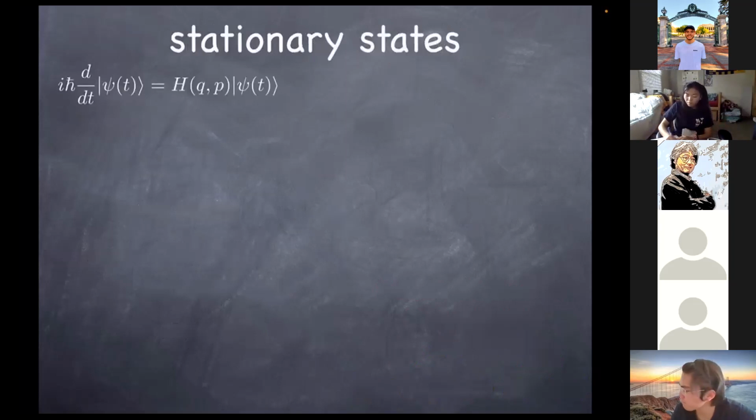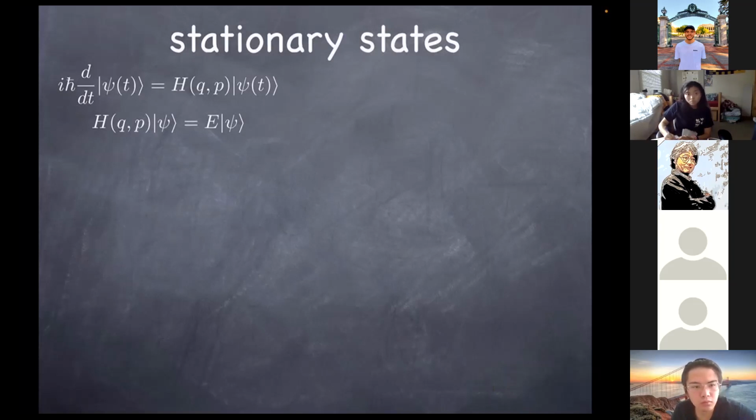And that also gives you the notion of stationary states. Something being stationary in classical mechanics means nothing is moving. In quantum mechanics, stationary means that the state changes only by an overall phase. Now that we know the Hamiltonian is what pushes time forward, and it's an operator, you can talk about its eigenstate.